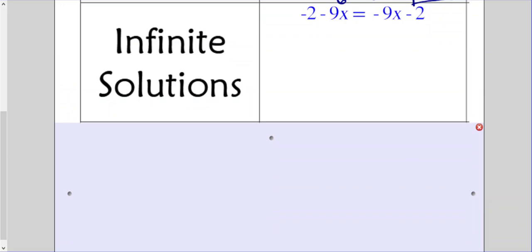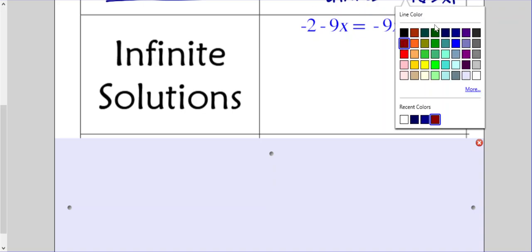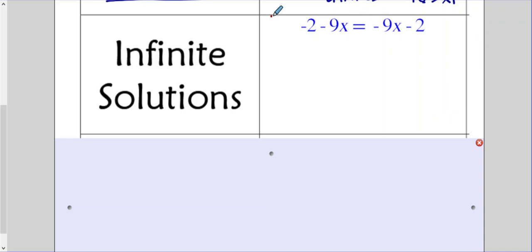Now we're going to get into the two different special cases. And actually, I want to look at this equation before I even start. Just looking at these two terms on both sides of the equal sign, I have a negative 2 and I have a negative 2. I have a negative 9x and I have another negative 9x.